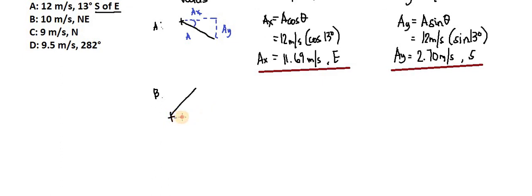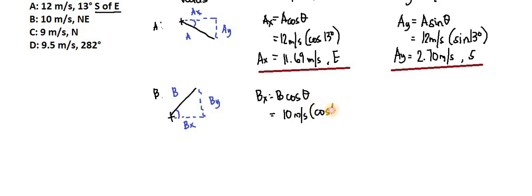So, here are your components. You'll have here your B. This is your B sub X, and then your B sub Y. And this is your theta. Okay, and so we can solve now for your B. We have here your B sub X is equal to B cosine of theta, wherein your B is 10 meter per second, multiply by cosine 45.